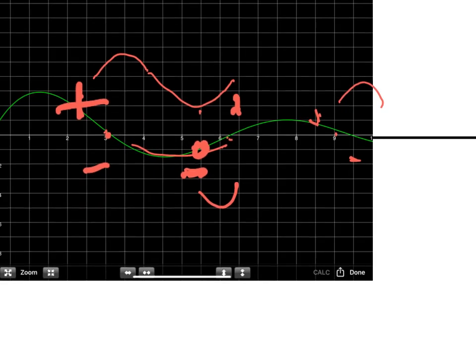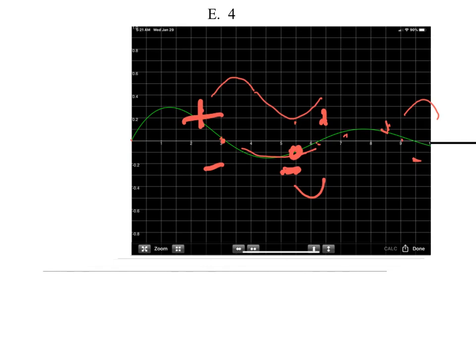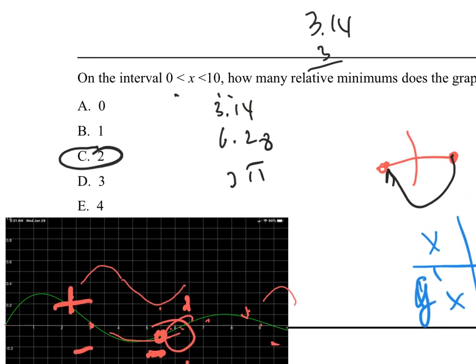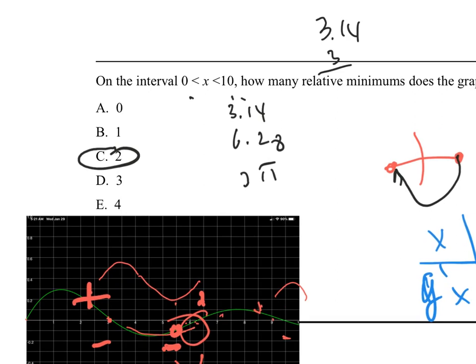So how many do I have? Let's see. I wanted decreasing to going up to top. There's only the one. So I guess I'm wrong. I'll take the calculator answer instead.